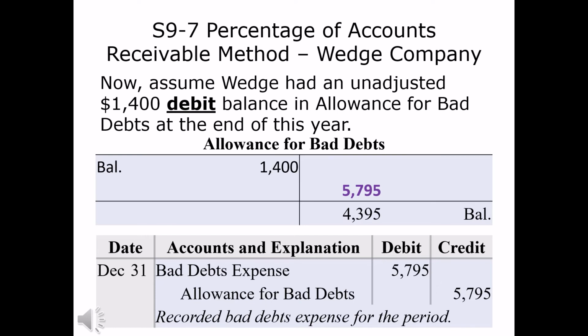That would be $1,400 plus $4,395. When we're starting out with a debit amount, we have to credit it for $1,400 first and credit it for $4,395 to get to a $4,395 credit balance.